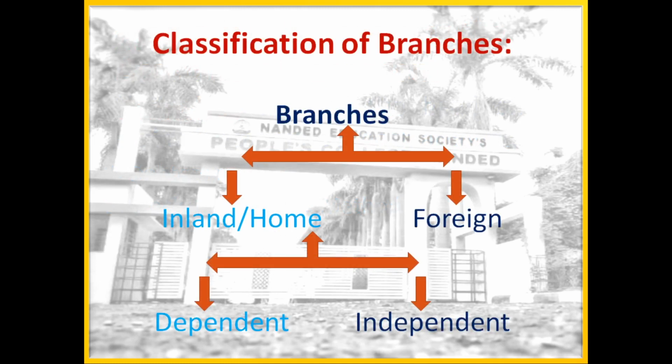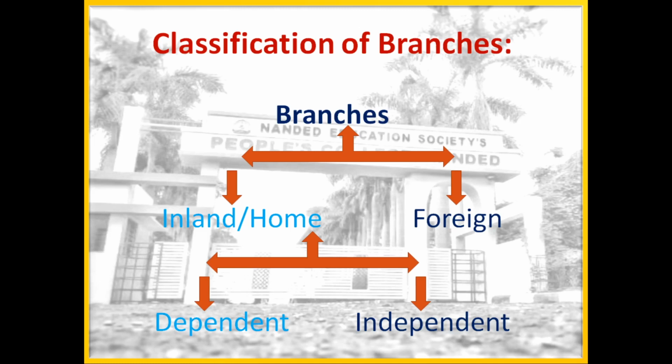For accounting purpose, branches are classified in these categories. Dependent branches, these are small branches. Accounting is done by head office. Information regarding transactions is supplied by the branch periodically.